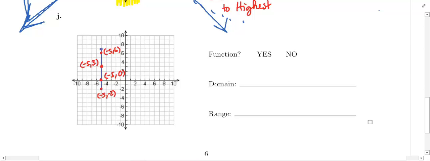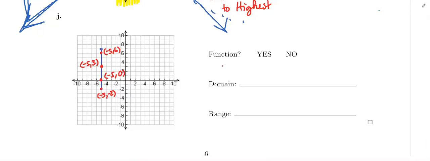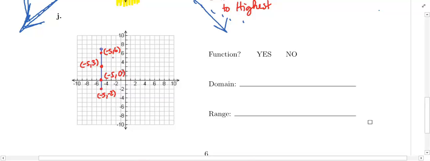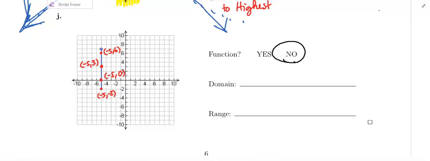All of these points have the same x value, which is -5. That one input has several different outputs: 6, 3, 0, -2, and lots more that I haven't written down. So -5 is an input that has several different outputs, so this is not a function.